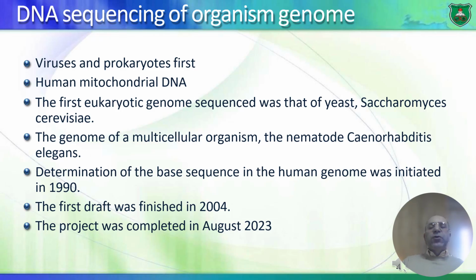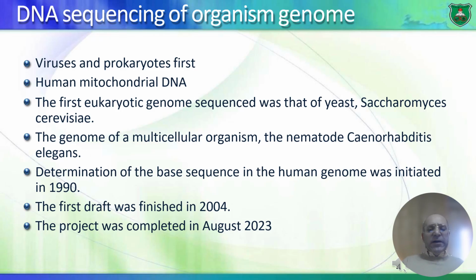Then the first eukaryotic genome was sequenced, specifically a yeast, a species known as Saccharomyces cerevisiae. The genomes of multicellular organisms were done, specifically C. elegans, then Drosophila, and the Human Genome Project started in 1990.